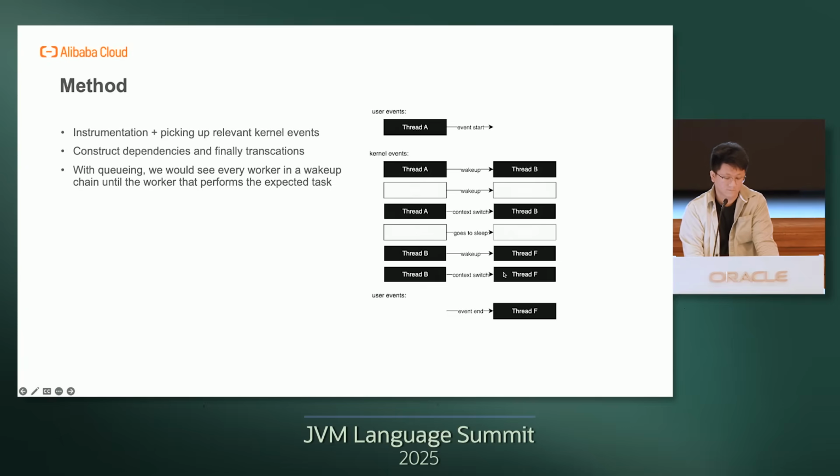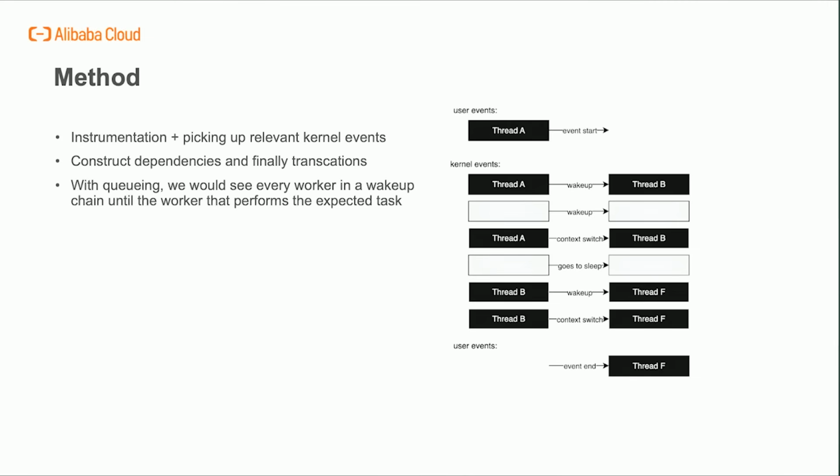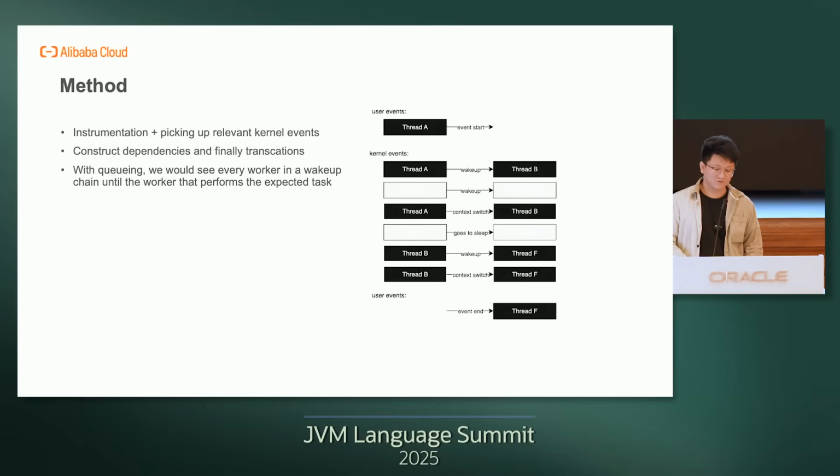For example, we have thread A initiating an event, a transaction, and then it wakes up another thread. So you can see that by capturing the kernel events such as wake up and context switch, you can form a chain of threads that is in the middle of a transaction.